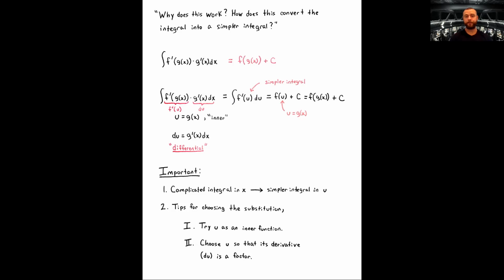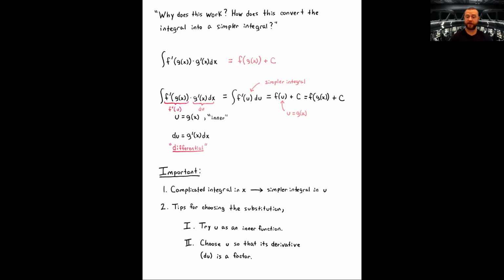If we chose u as g of x, then its derivative, g prime, is a factor. g prime of x appears in that integral above. So that's something I want you to keep in mind as well. In order for it to be properly converted consistently, you need to have the derivative of u as a factor of your integral. We'll recall these as we go through some examples.